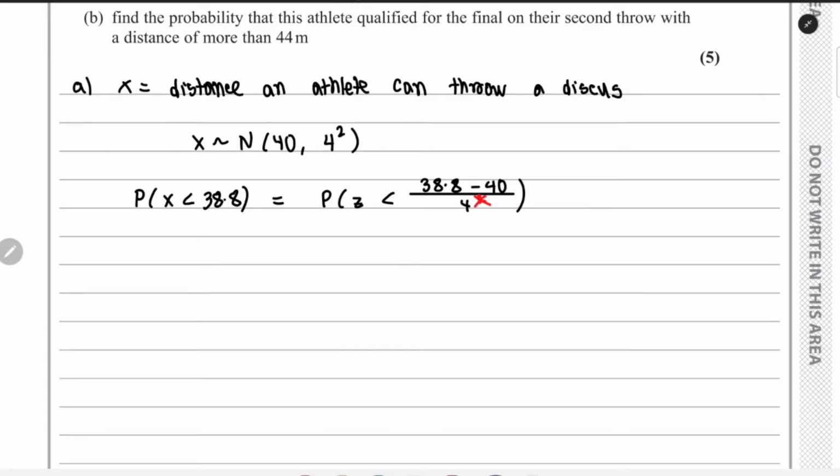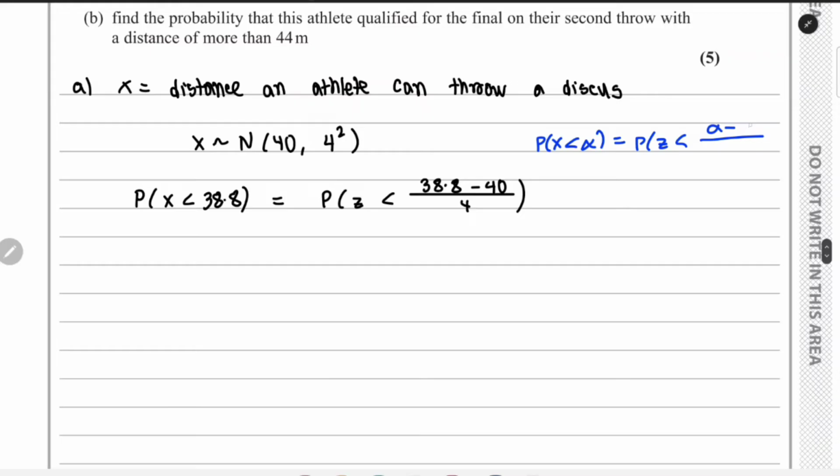That would be wrong. The formula for converting the probability x less than alpha would be probability z less than alpha minus mean by the standard deviation. This is the mean and this is the standard deviation, not the variance.